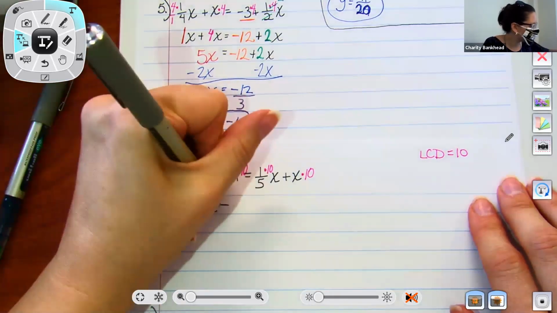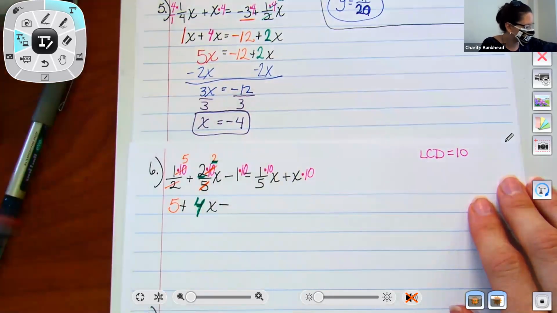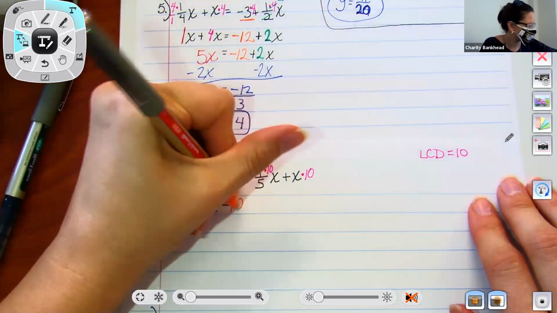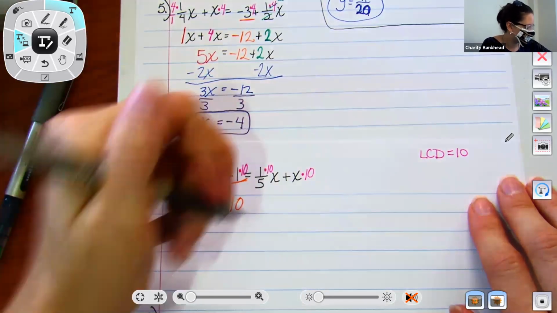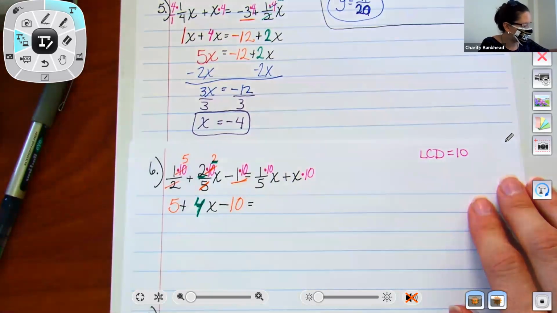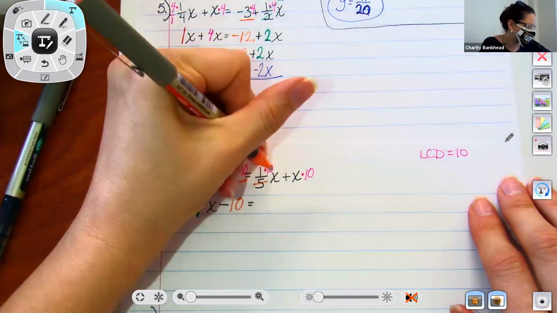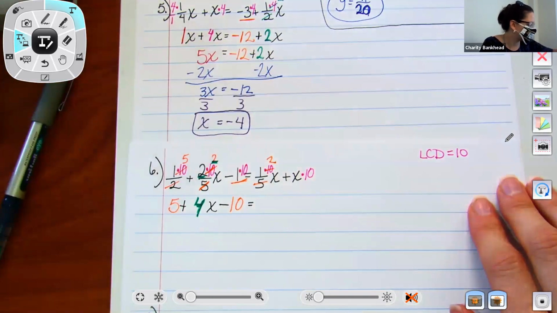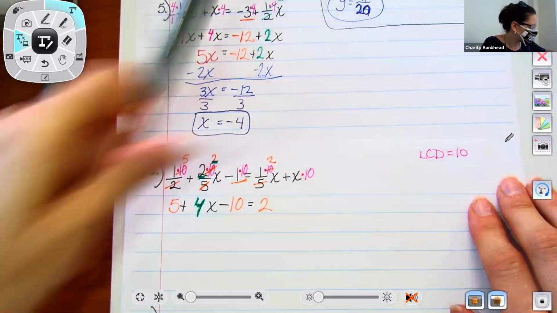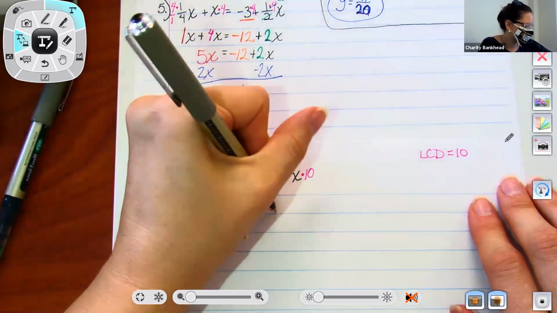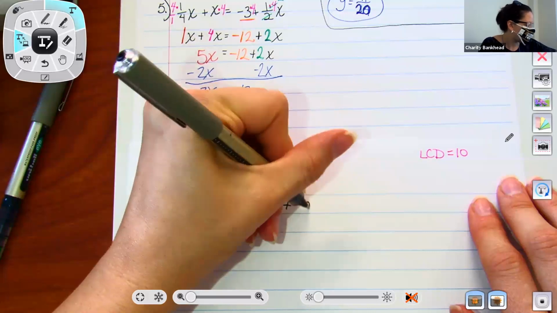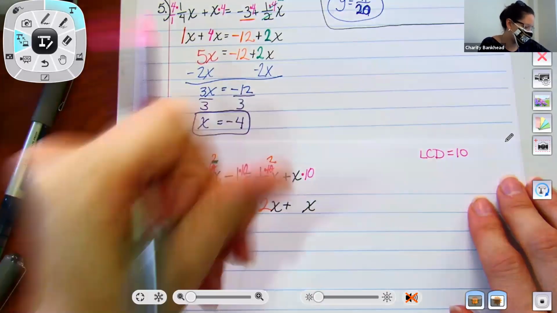And then 1 times 10 is 10, so minus 10 equals, and then 5 goes into 10 2 times, and 1 times 2 is 2. So that just gives you 2x. And then x times 10 is just 10x.